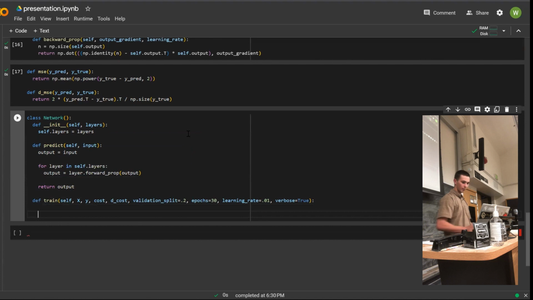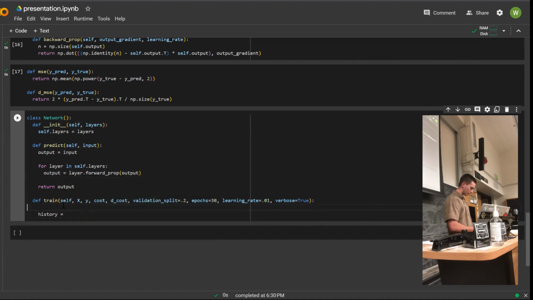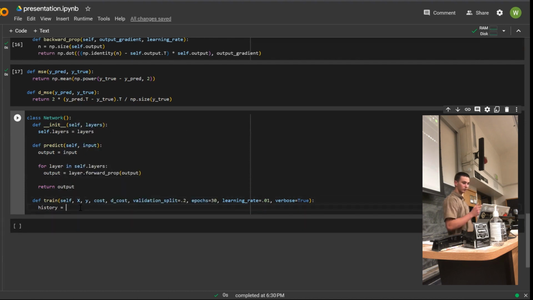Okay, so I'm going to create this dict, and that's going to keep track of our accuracy at each epoch and also our validation accuracy. So I defined this validation split variable.